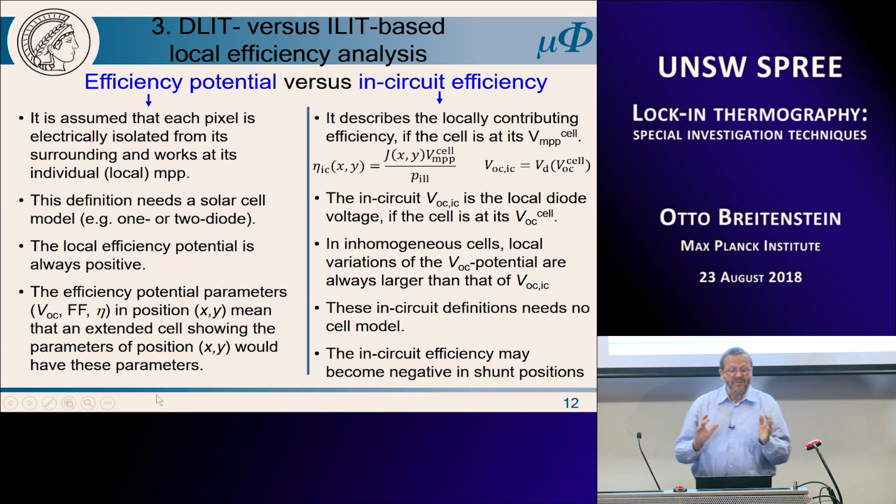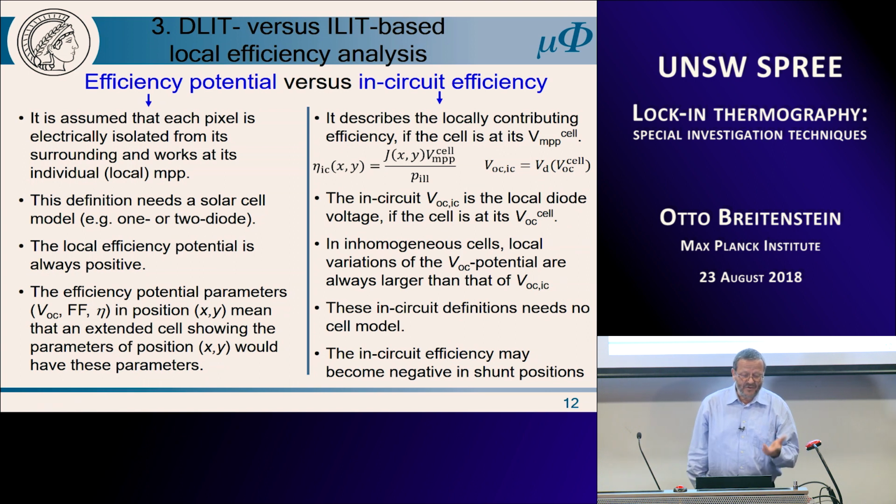Okay, let me explain the difference between efficiency potential and in-circuit efficiency once again. For the efficiency potential, it is assumed that each pixel is electrically isolated from the surroundings. So we have the parameters of this pixel and assume that it's its own solar cell. This definition needs a solar cell model, for example, a one or two diode model.